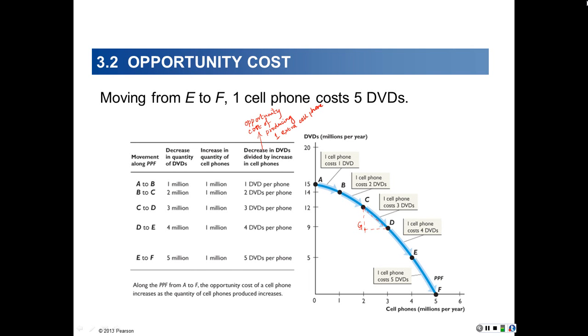It's a line that passes through all the quantity combinations of the two goods in this two-good economy that can be produced by full utilization of the economy's resources, correct? So a point like A or B or C, D, E, F, etc., these are all quantity combinations that would, in fact, exhaust this economy's resources.